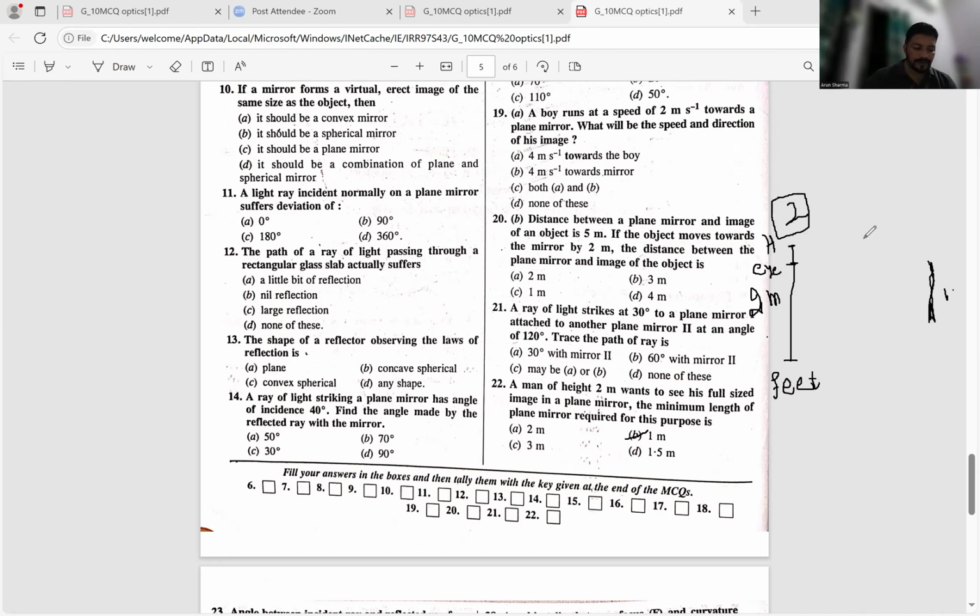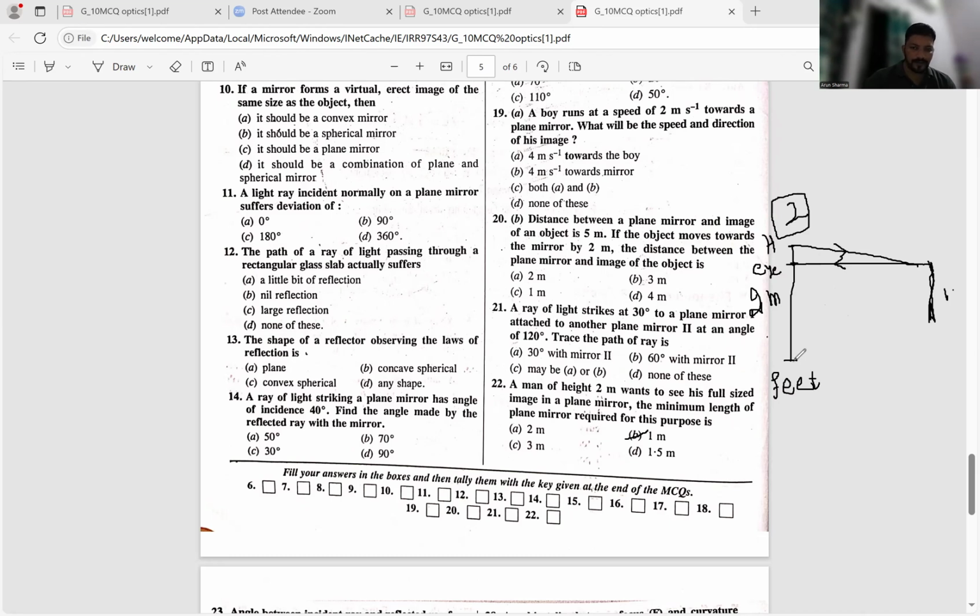So you understand from here the incident ray travels from this point, not from the head, but the incident ray is entering the eye, and after that he sees his feet.